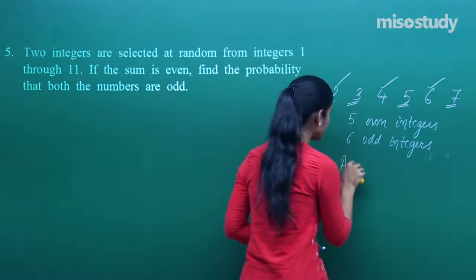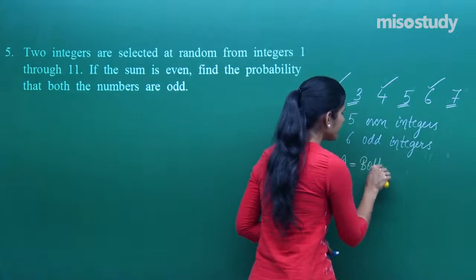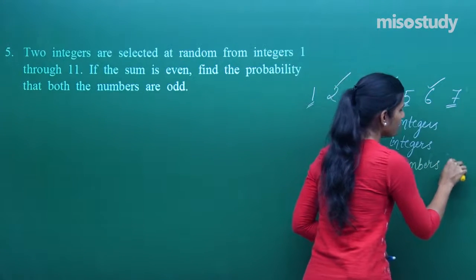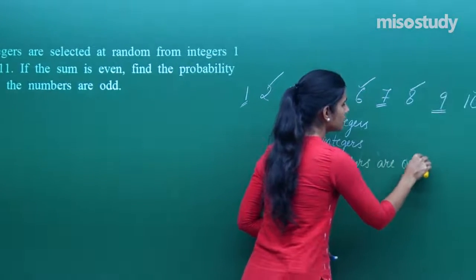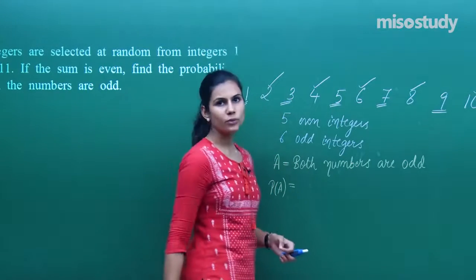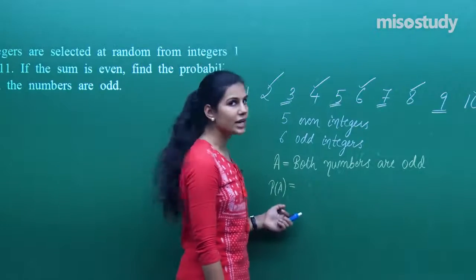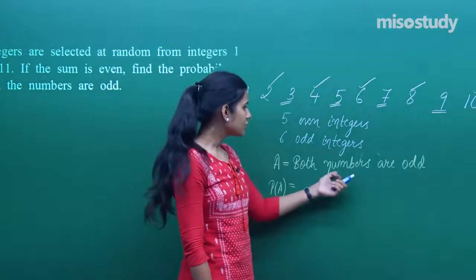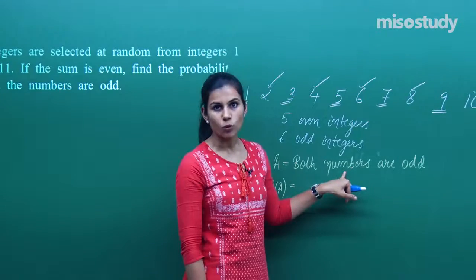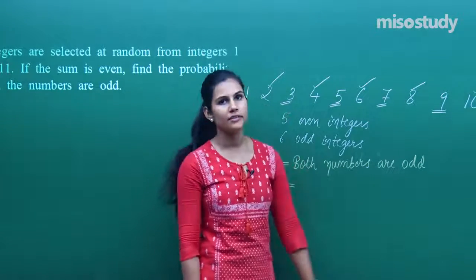Suppose I say event A is both selected numbers are odd. What are the chances of occurrence of this event? What are the chances that 2 odd numbers will be selected among these 11 numbers?